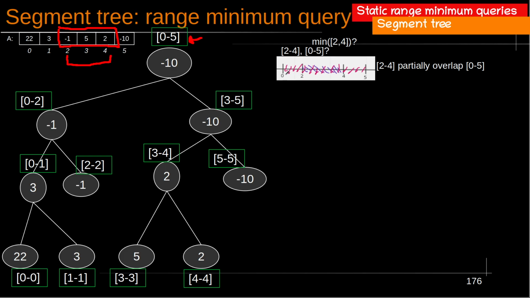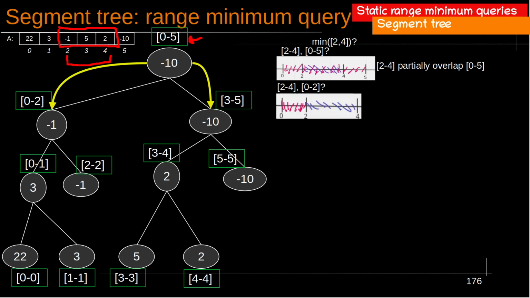Partial overlap with 0, 5, which means 0, 5 is not completely inside 2, 4. So in this case, we have to look on the left side and the right side of that node. Check the left, start by the left always.